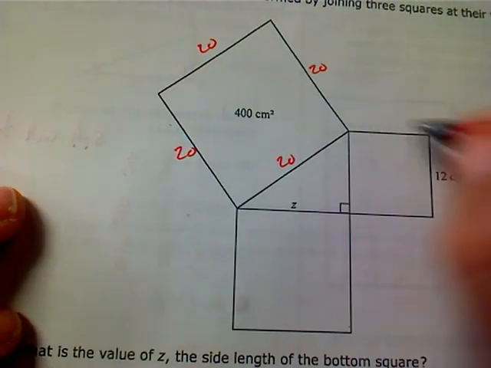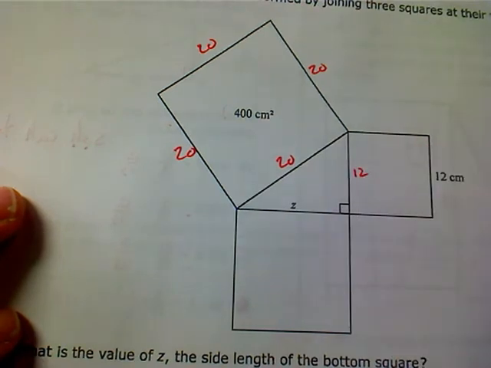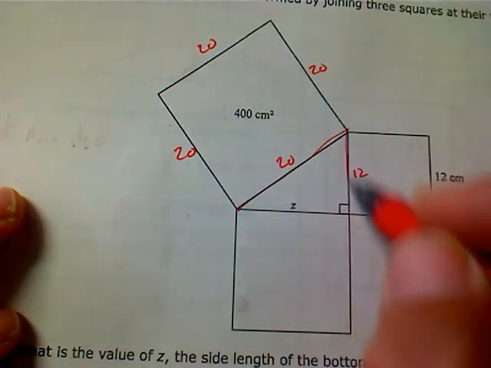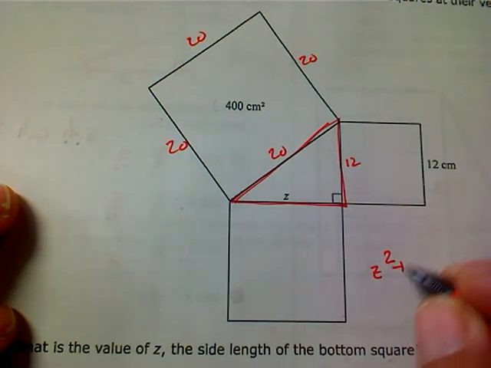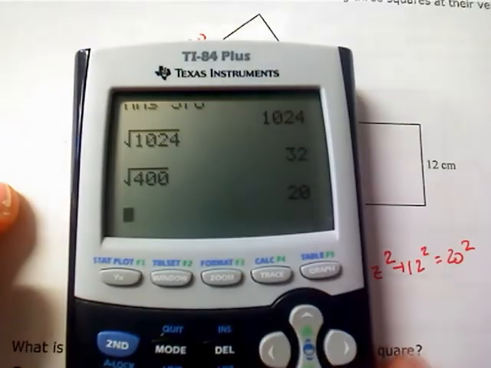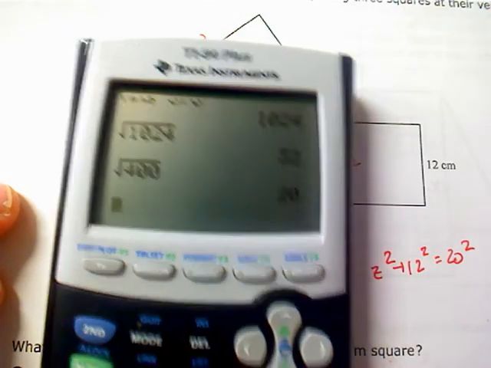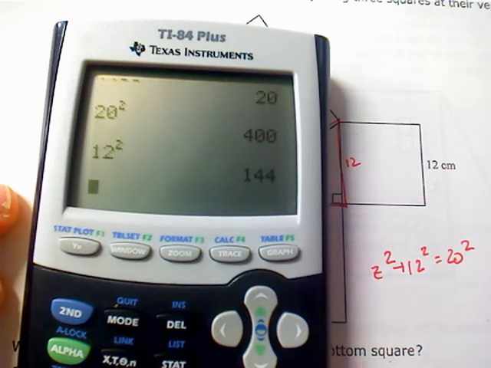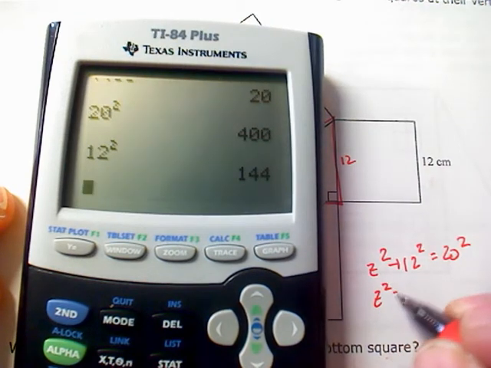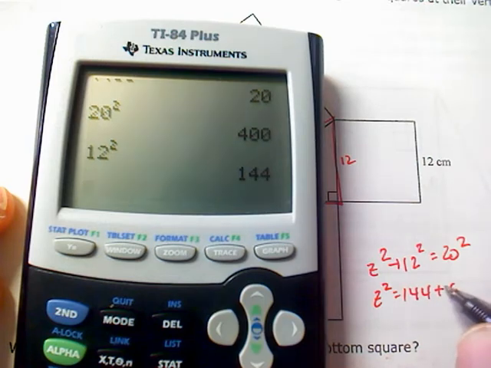If this is a 12, then all the sides of this are 12. So this is a right triangle. So z squared plus 12 squared equals 20 squared. So z squared plus 144 equals 400.